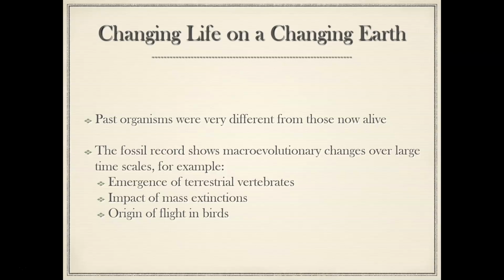So in order to look at all of this life on Earth and discuss the changes that have occurred from early life forms until what we see now, these past organisms, when we start digging back into evolutionary history, a lot of them are very different from the organisms that we see alive today. We look at the fossil record, and that fossil record's a great example of macroevolution.